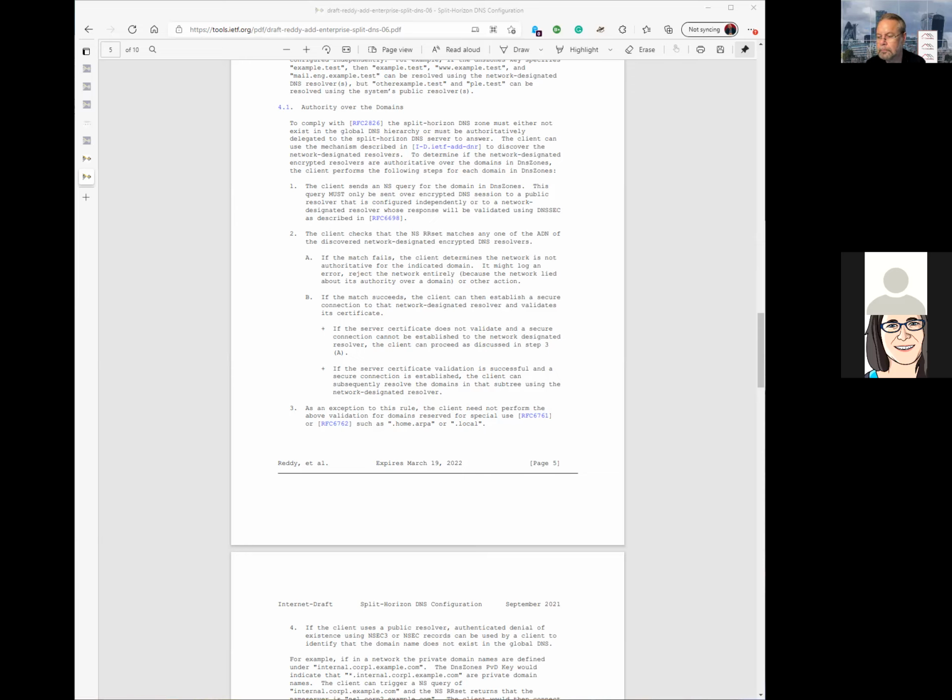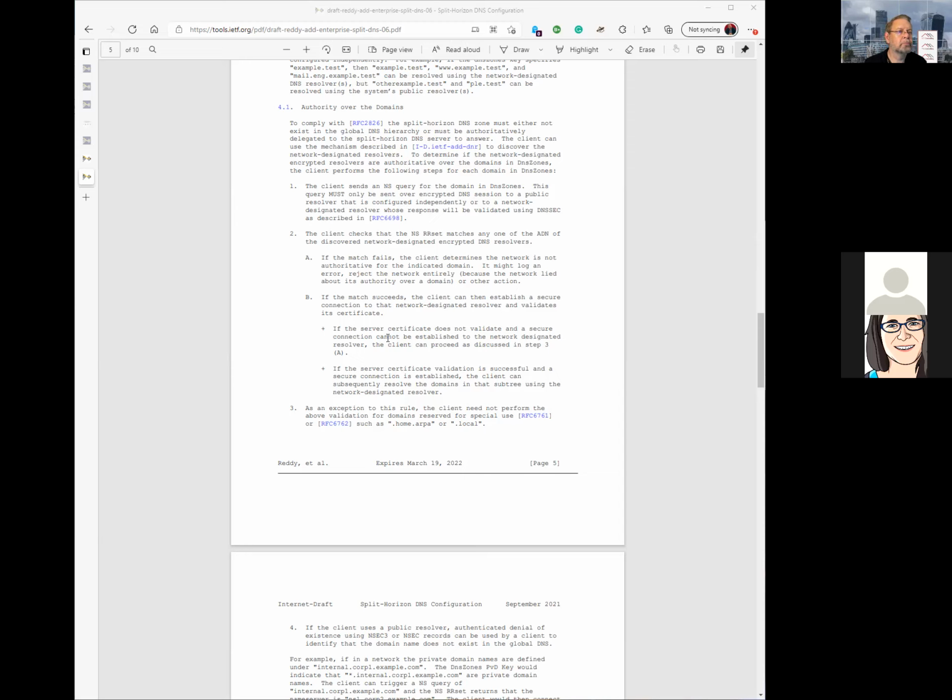But for the rest of the queries, since it's already configured to use a public resolver, it still continues to do that. So this is bringing in a way to validate that if the user by mistake connects to a rogue network, for example, the user may be assuming he's connecting to a hotel network, but he connects to an attack network, and the attacker claims ownership of any of the popular domains and wants to do DNS spoofing or monitoring or any of that stuff, that could be avoided because of this proof of ownership, where the client has connectivity to a public resolver, does an NS query and checks if the NS set matches the ADN of the discovered network resolver.